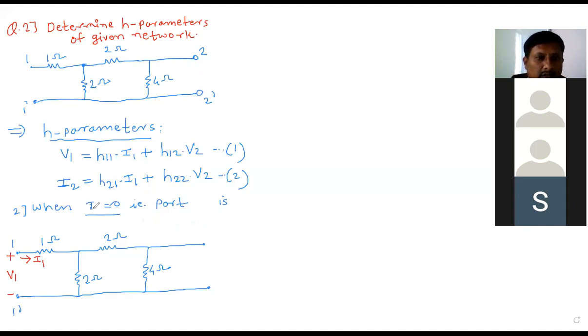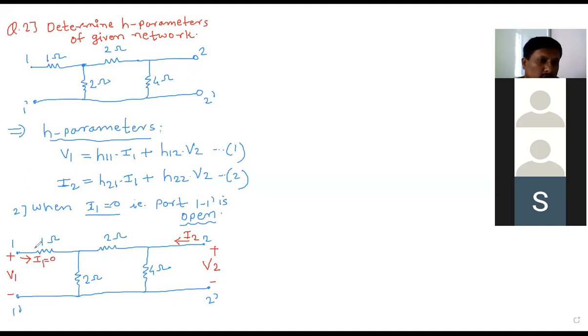When I1 equal to 0, that is port 1 dash is open. This is 2 dash. This is 1 dash. Okay. So here the 2 dash, that is V2 plus minus, and this is the current I2. Only one variable, that is I1 equal to 0, you can show here.